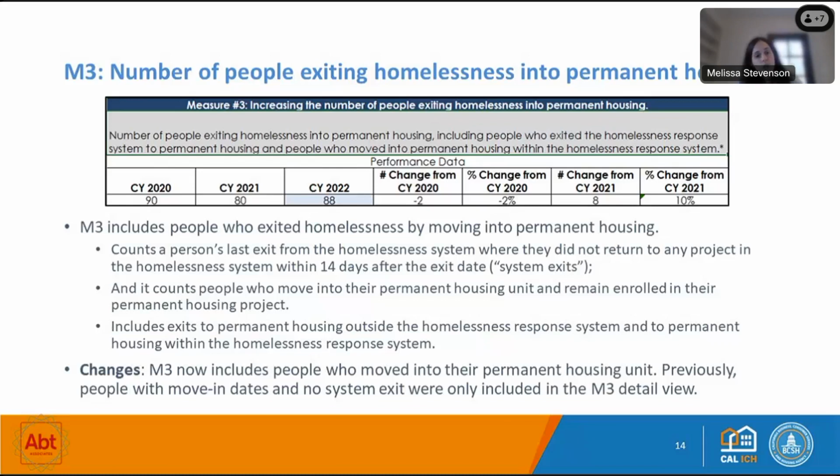And it also includes exits to housing outside the homelessness response system, which it did in the past as well. And now to those permanent housing within the homelessness response system. So that's the big change there.